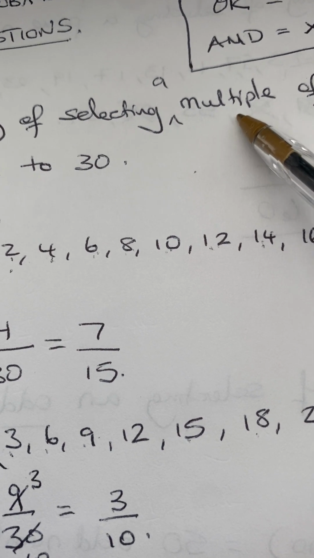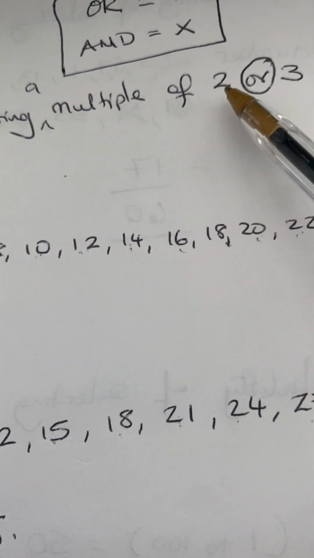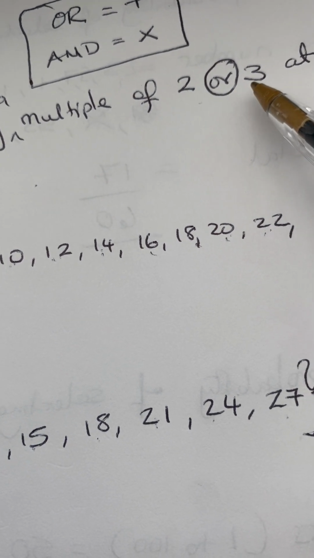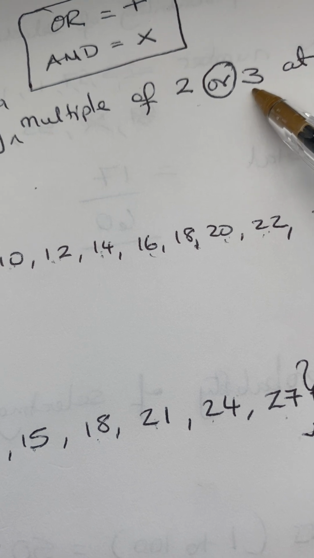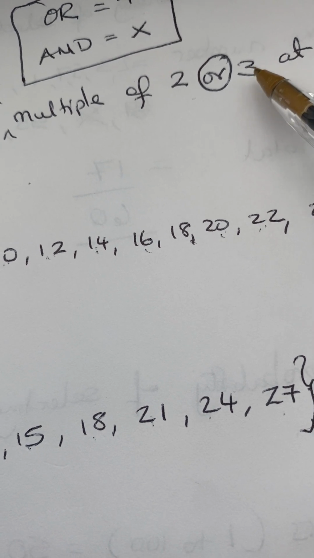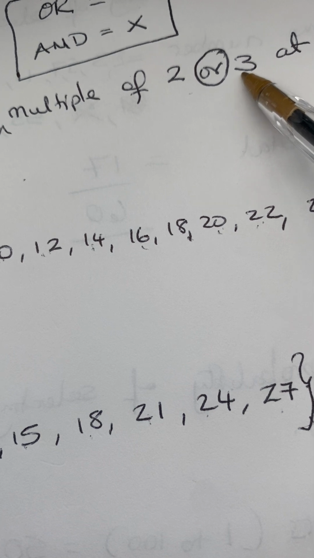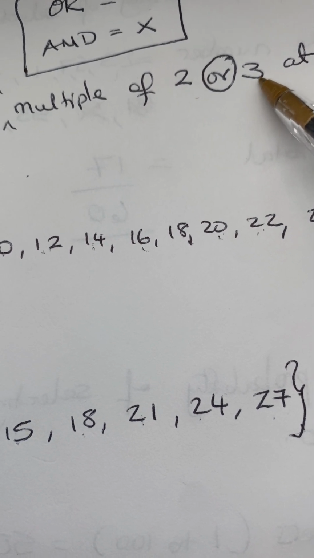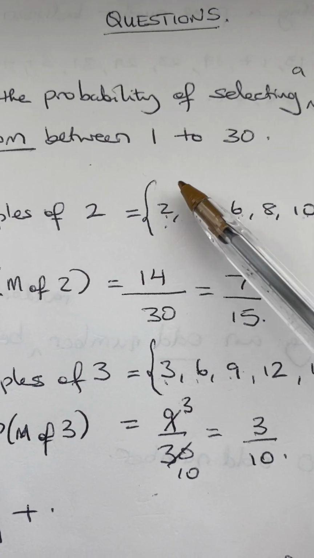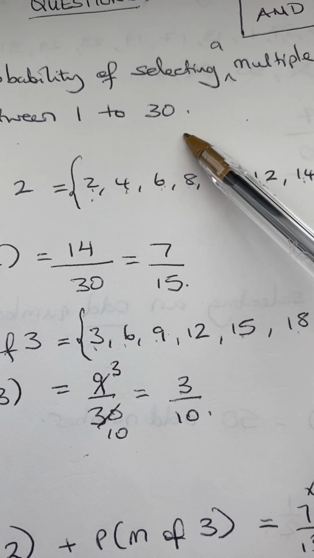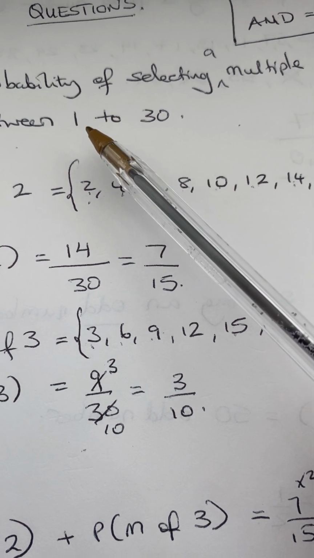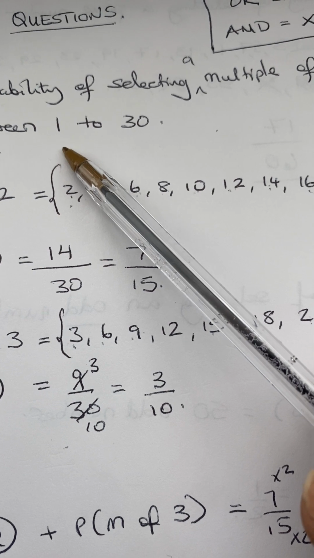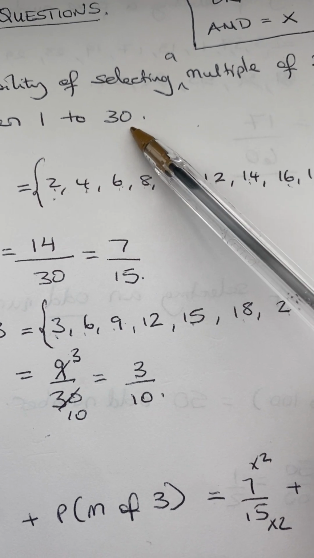We know what multiples are, so we need to find multiples of 2, and then we need to find multiples of 3. So we need to find multiples of 2 or multiples of 3 between 1 to 30. So it's between 1 and 30. 1 is not inclusive, 30 is not inclusive.